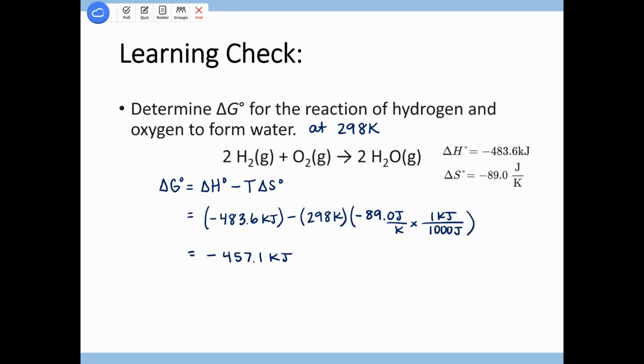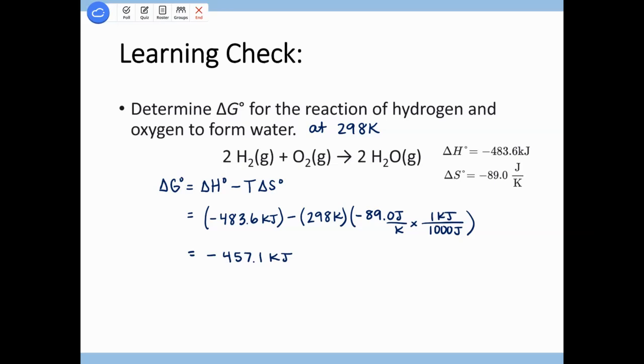Okay, so the delta G for this reaction at standard conditions is negative 457.1 kilojoules. We've canceled out temperature units, Kelvin. We're multiplying by Kelvin there. So just kilojoules for our units.